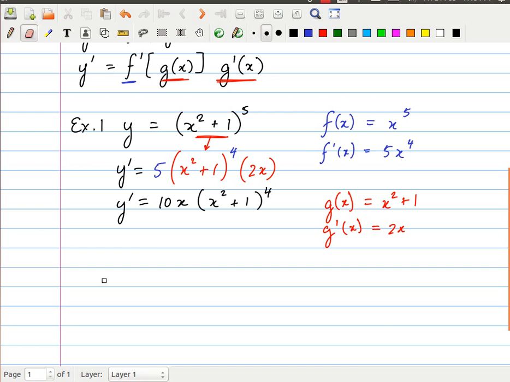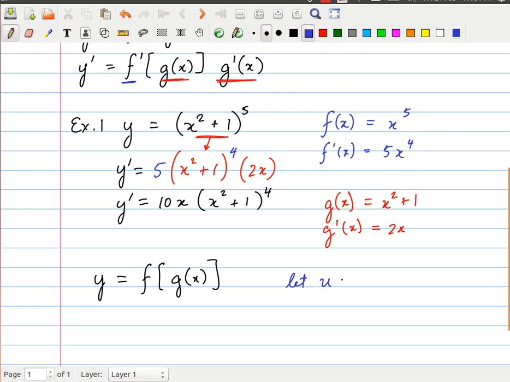So another way we can look at the chain rule is we can do what's known as a substitution. So if we have y equals f of g of x, then we're actually going to make a substitution, a change of variable.